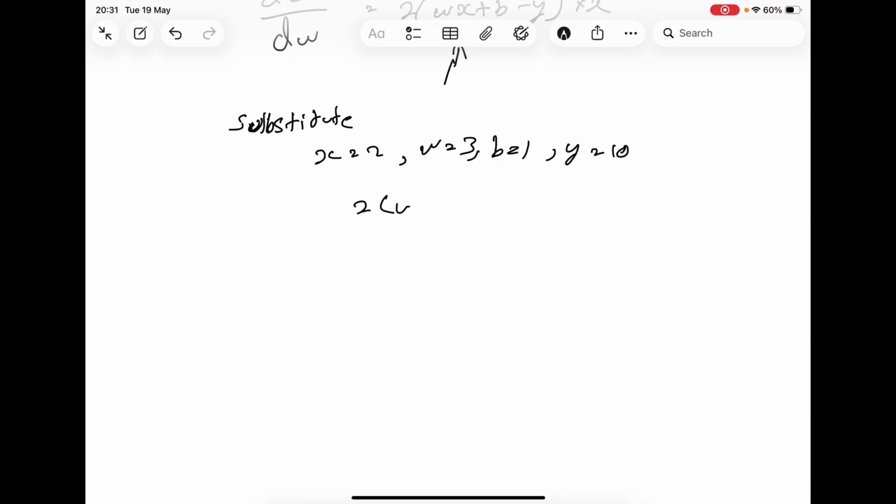So our derivative answer is minus y into x.